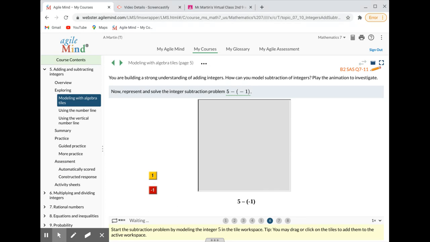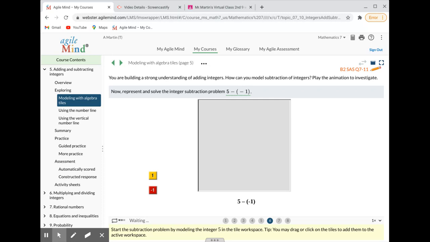So, yes, Grayson. Wouldn't it be 4 because you're just subtracting 1 from it? All right. So it seems like that. But remember, it's minus a -1. So anytime we take away a negative, it's like adding a positive number.